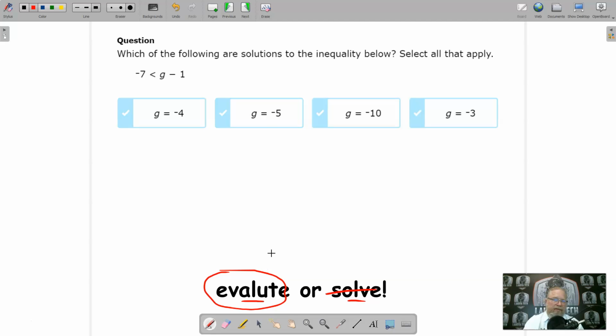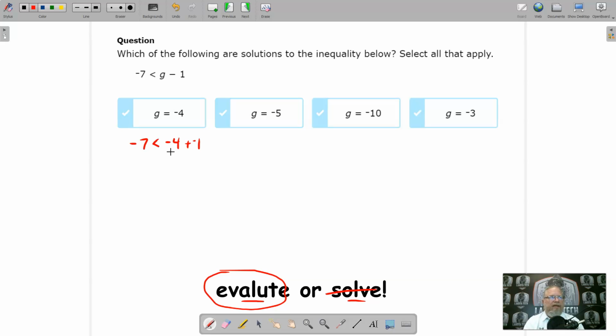Evaluate means to substitute the value in, do the math, and get it down to where you can just compare a couple numbers, right? So let's do this one here. -7 less than, and the value of g is -4 minus 1. Well, I like to think of subtraction of a positive as plus a negative, so I'm going to change that to addition and then put the negative sign in front of the 1.